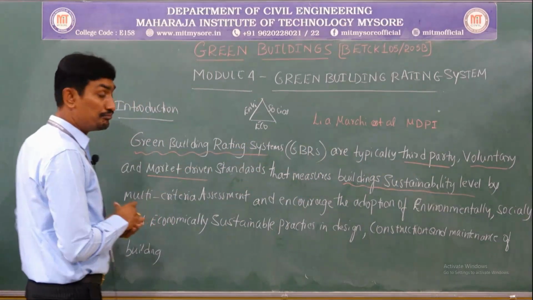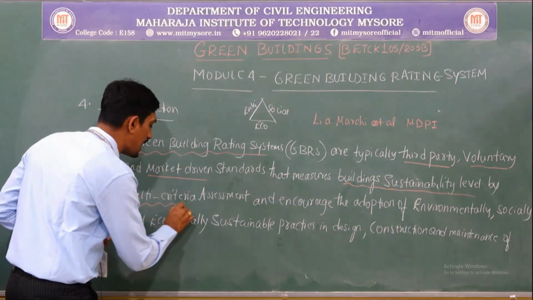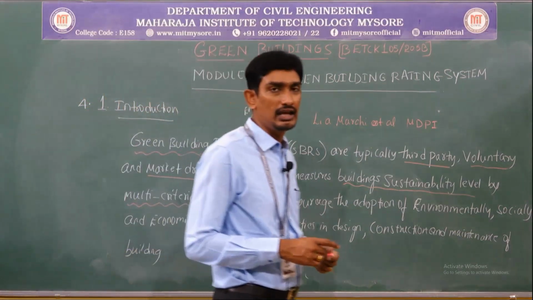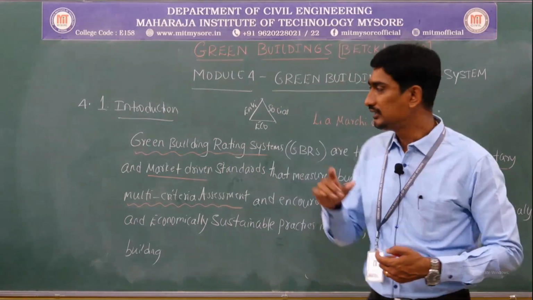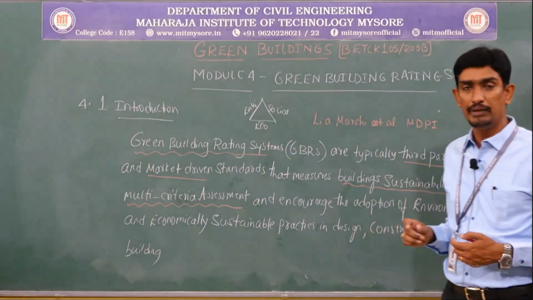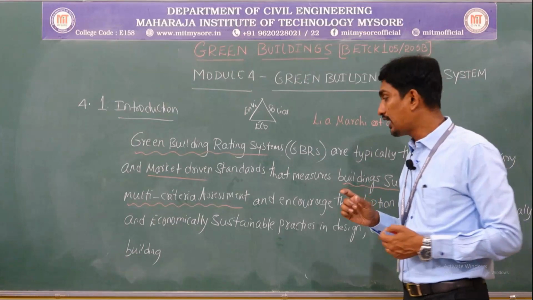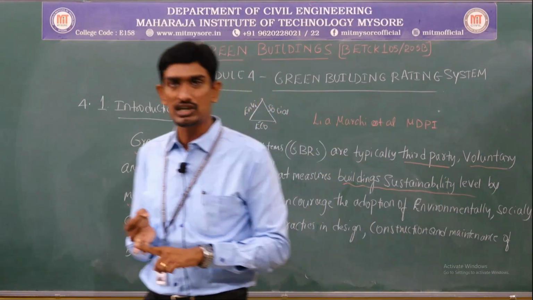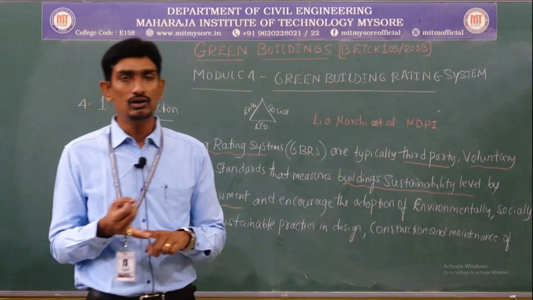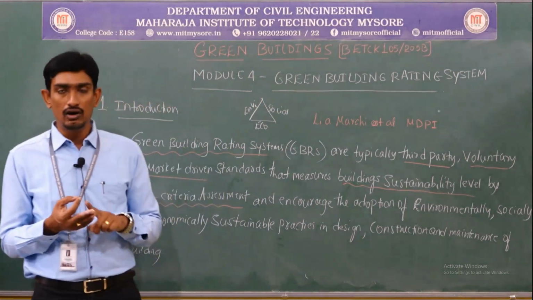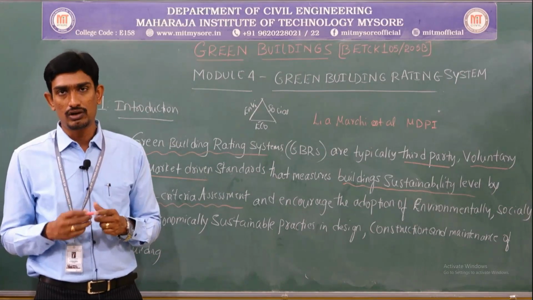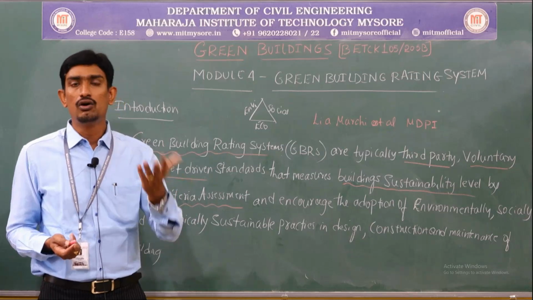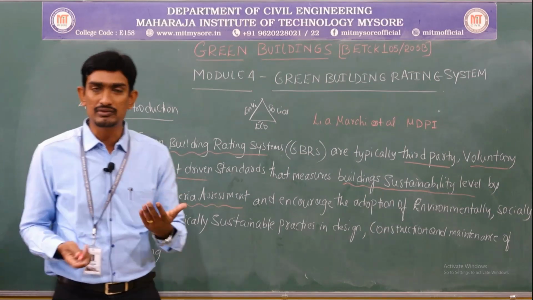By multi-criteria assessment. That's what I have told. Multi-criteria, I think in the previous topic I discussed what multi-criteria is. I told you water efficiency, energy efficiency, fossil fuels. Did you get my point? Sometimes they use a single attribute, that is water and also energy, and sometimes we go with multiple levels.